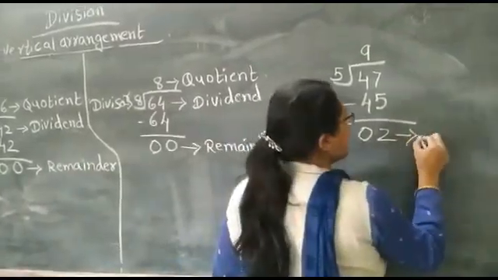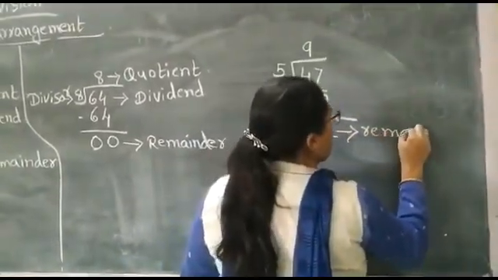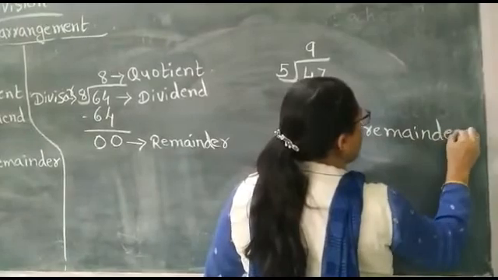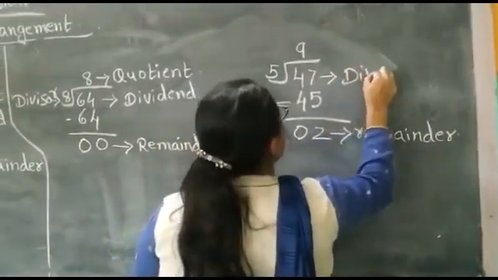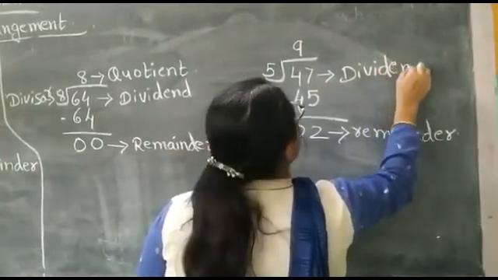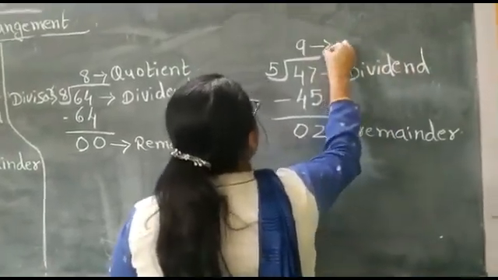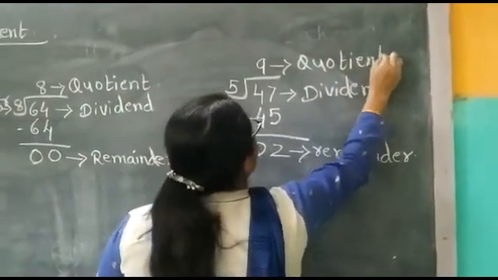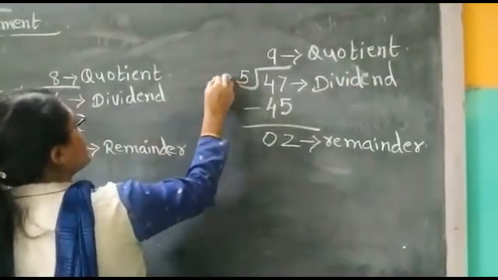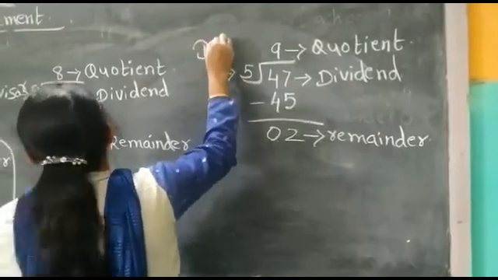So 2 is the remainder. This 47 is the dividend, 9 is the quotient, and this 5 is the divisor.